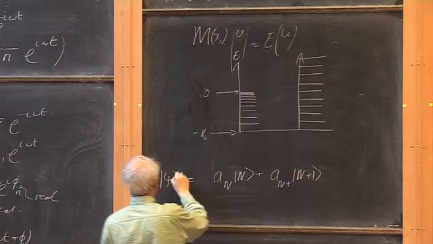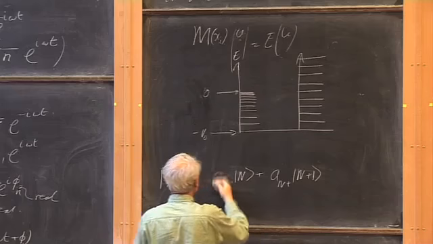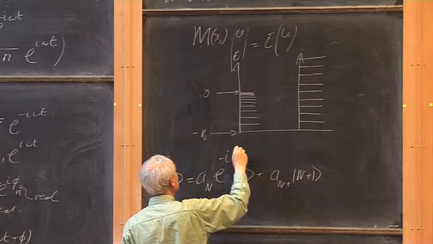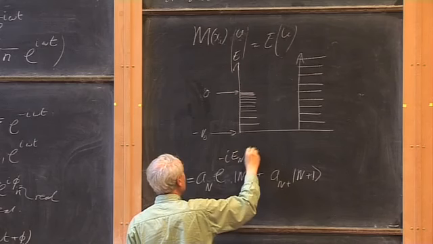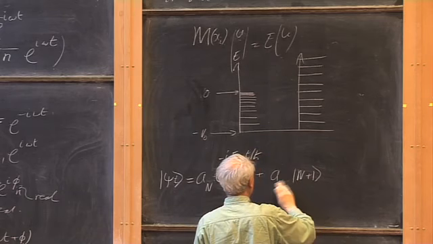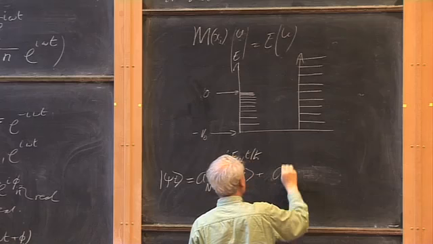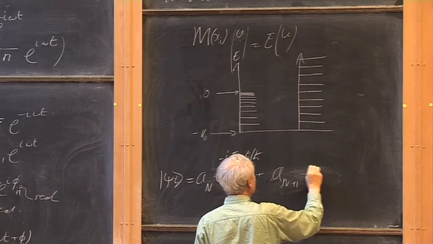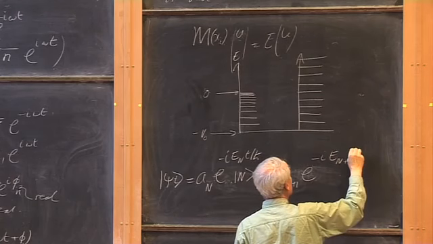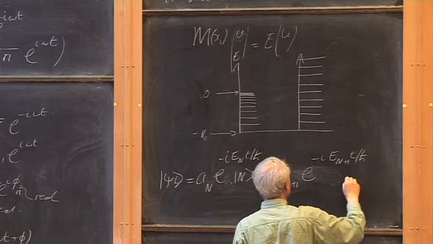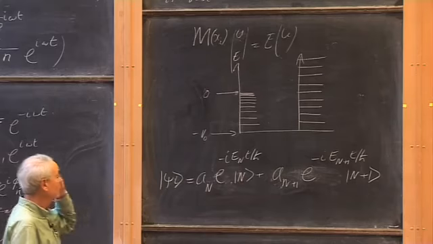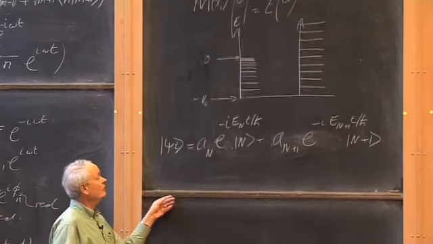And so the time evolution is going to be a_n e to the minus i E_n t over h bar |n>, plus a_{n+1} e to the minus i E_{n+1} t over h bar |n+1>.